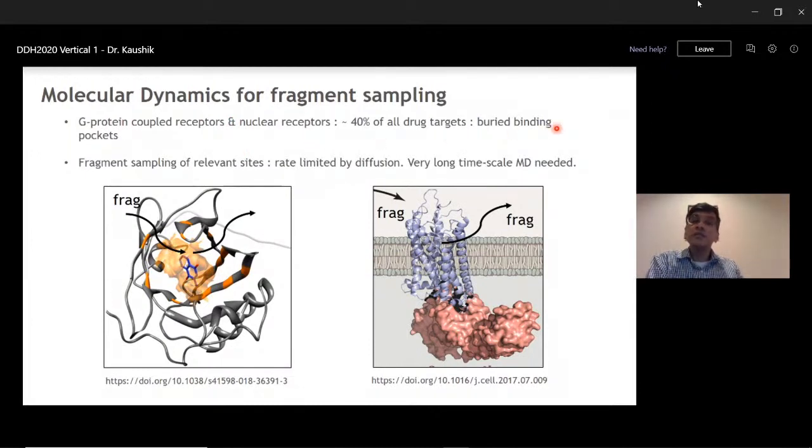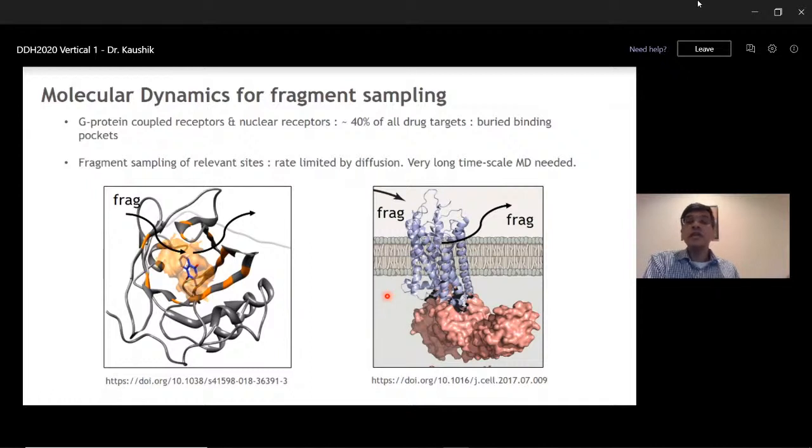A common theme across both of them is the fact that the small molecule binding site is often buried. In the case of nuclear receptors, it's completely blocked, at least in the crystal structures that we have on hand. And in GPCRs also, this is sufficiently buried. Now, how is this a challenge for a method like the free energy approach, or any method that uses molecular dynamics, including SILKS?